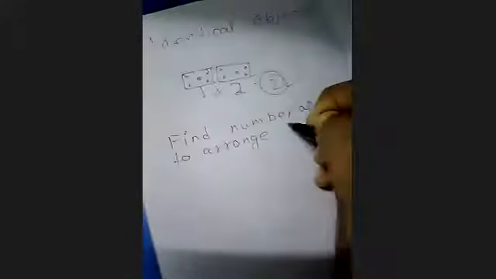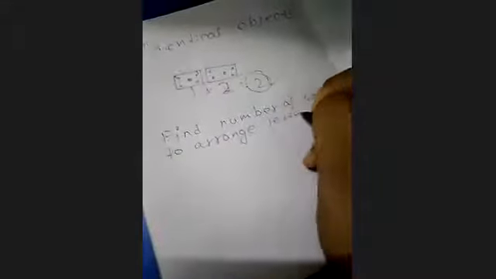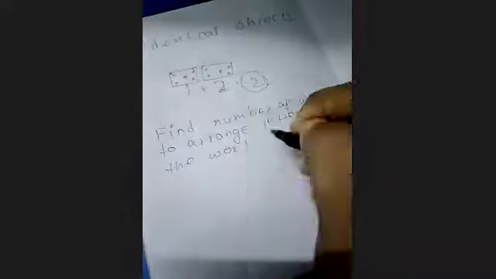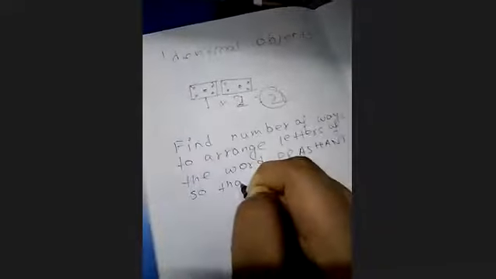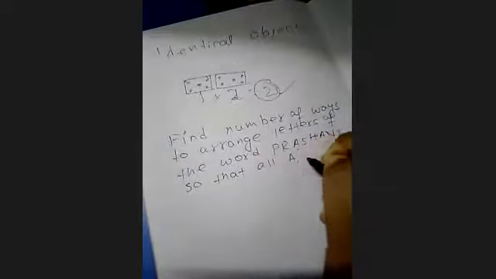The question says: find the number of ways to arrange the letters of the word PRASHANT so that all the letter A's are always together.